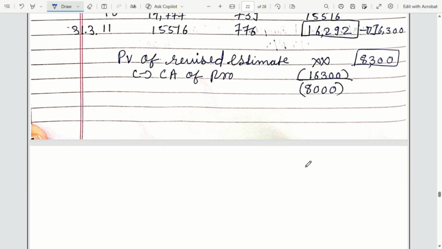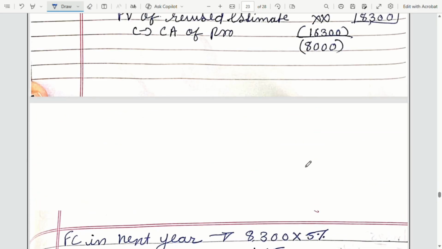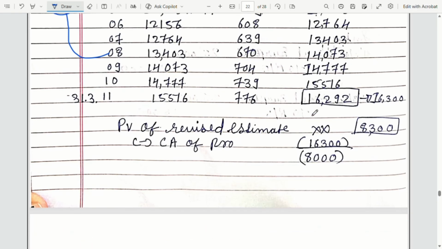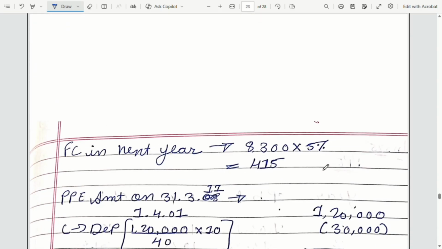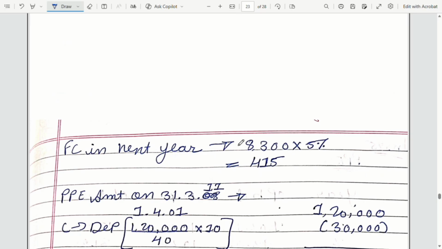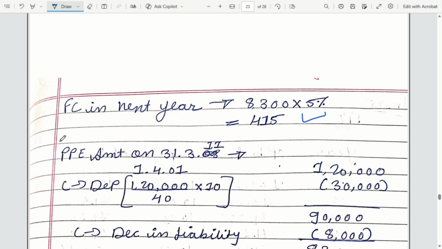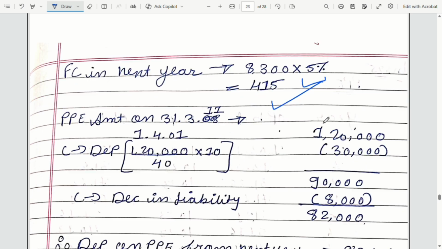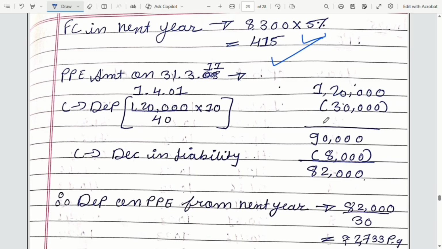Okay, so after calculating the carrying value, if we decrease our liability by 8,000, this is the carrying value we get, and on this carrying value we will calculate the interest charge for the next year. So this is the finance cost in the next year, which is 415. So now what will be the carrying amount after 31st March, meaning after 10 years? What will be the carrying value on 31st March 2011?